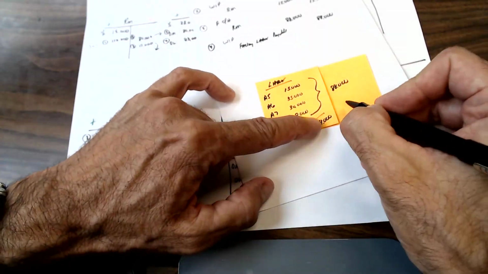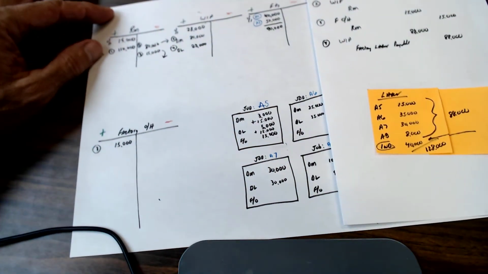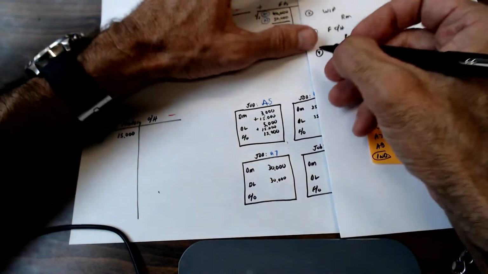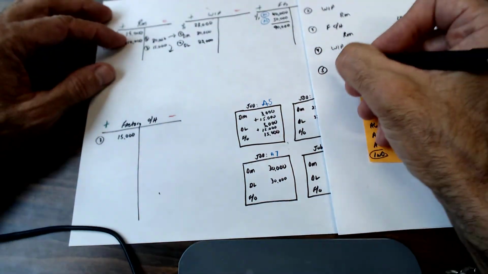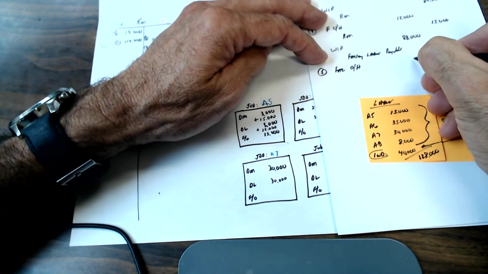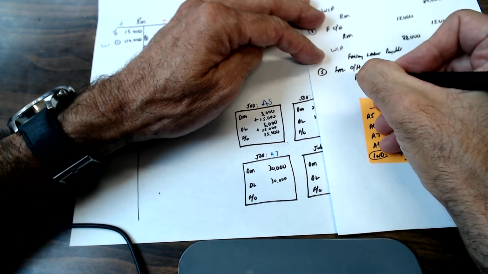How about the indirect labor, this 40,000 of indirect labor? And what is that indirect labor? That's another factory overhead. So let's record the indirect labor. That gets charged to factory overhead, 40,000, and credit, the same thing here.